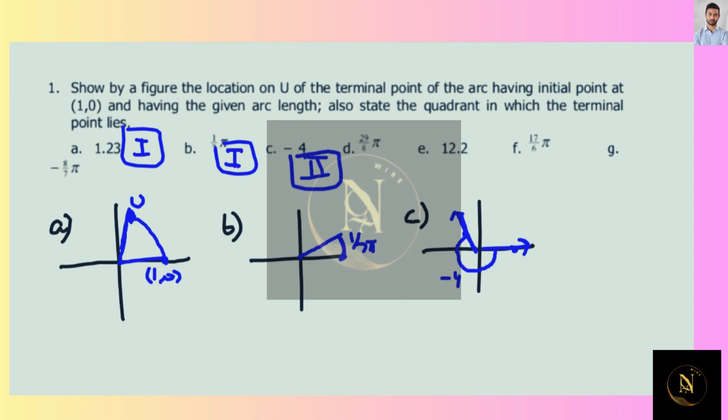29 over 8 pi. Well, it's positive, so we're going counterclockwise. And so in eighths, we would have 8 pi over 8, 16 pi over 8, 24 pi over 8.